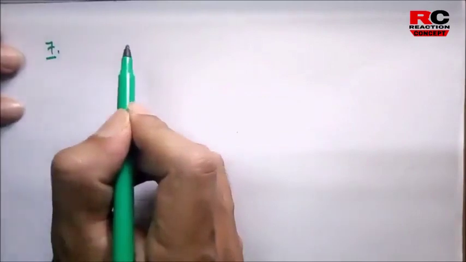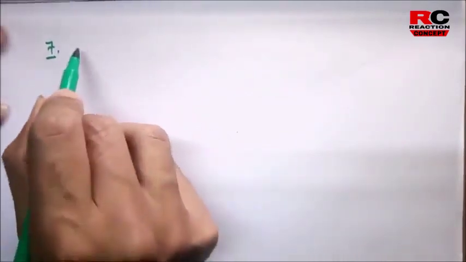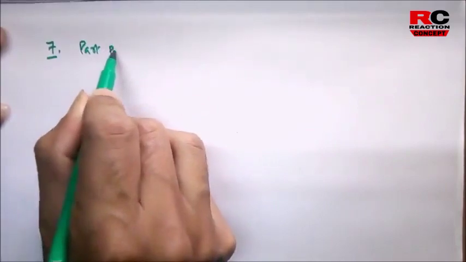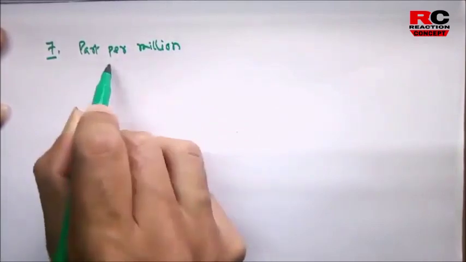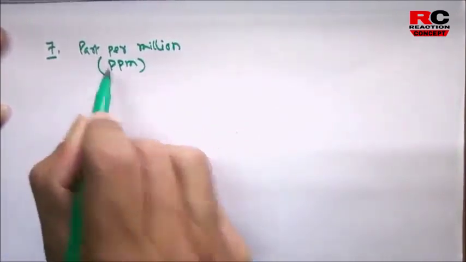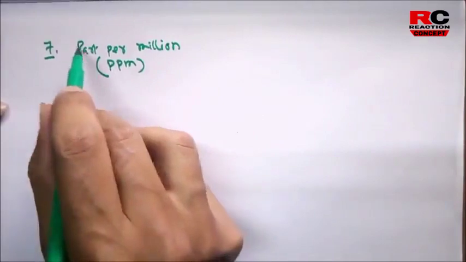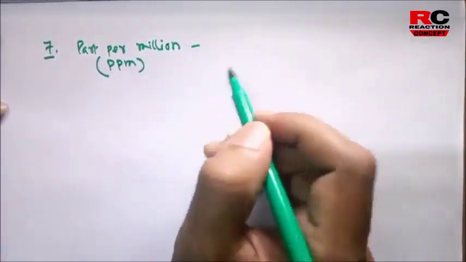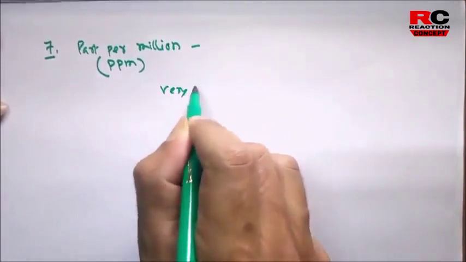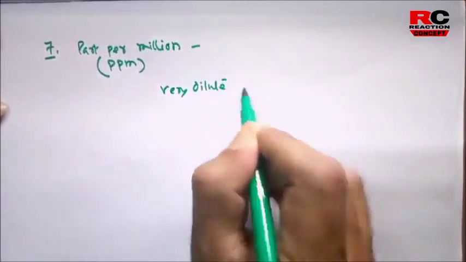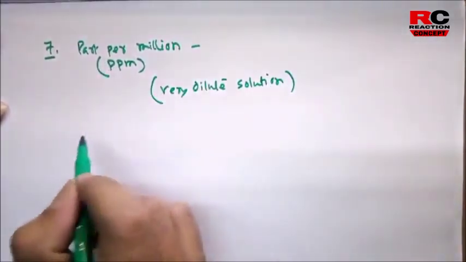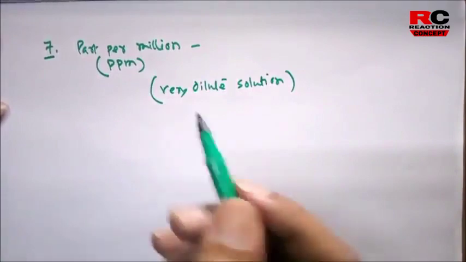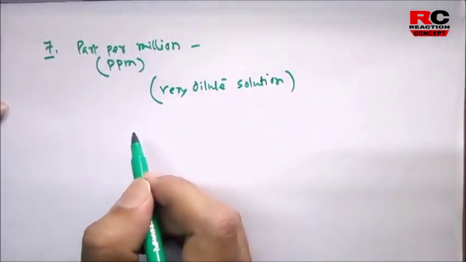This you should remember. Next, number 7 concentration term. This is ppm, parts per million unit. This type of concentration unit is generally used for very dilute solutions, where the amount of solute is very less. So let us see the definition of such a concentration term.